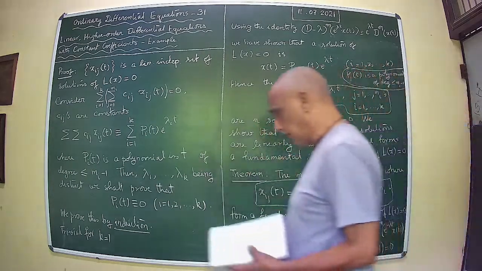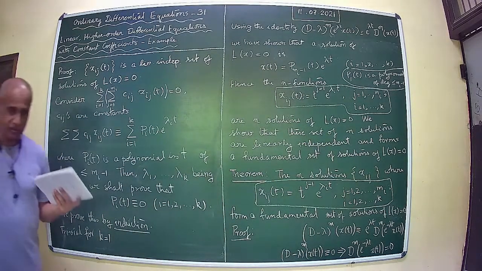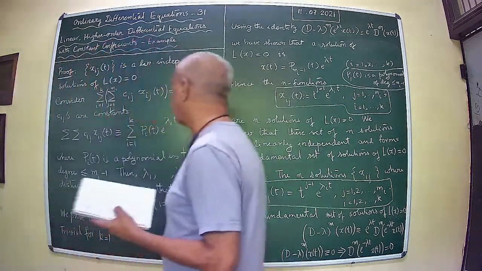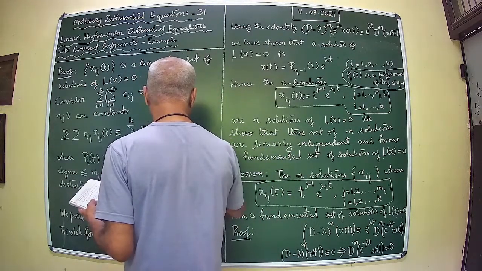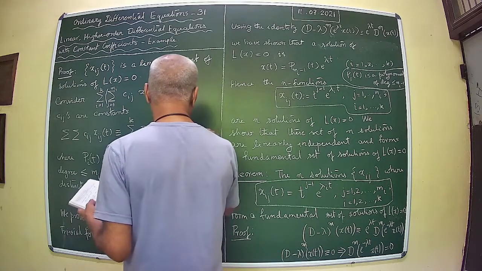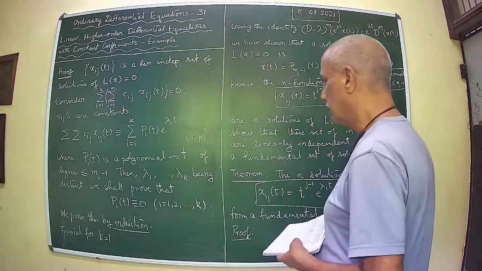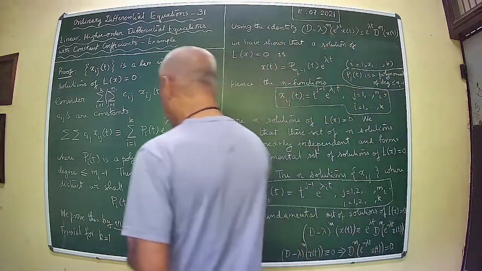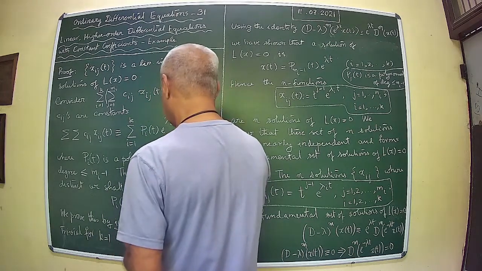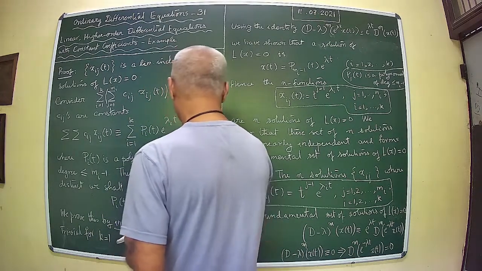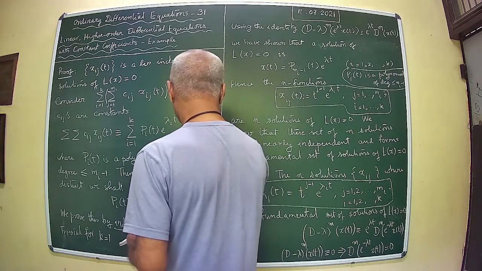So the form is (lambda minus mu) to the power n. This is what happens when k equal to 1. You have p(t) e to the power mu t.